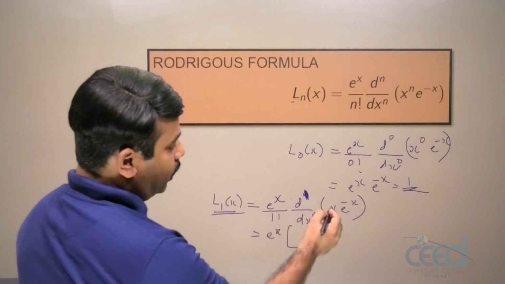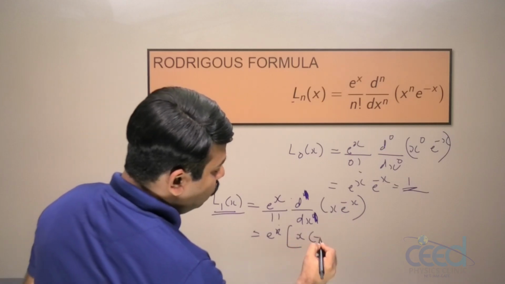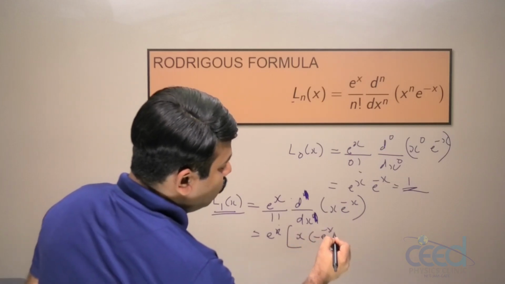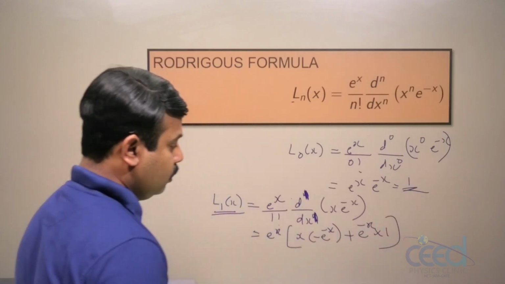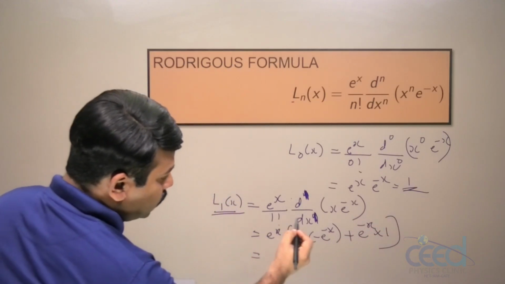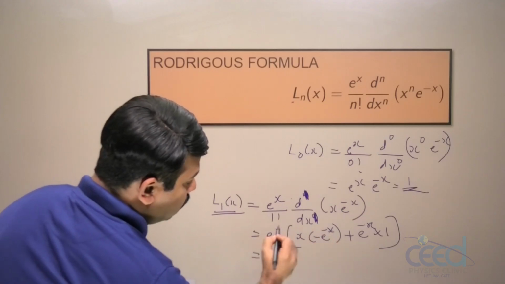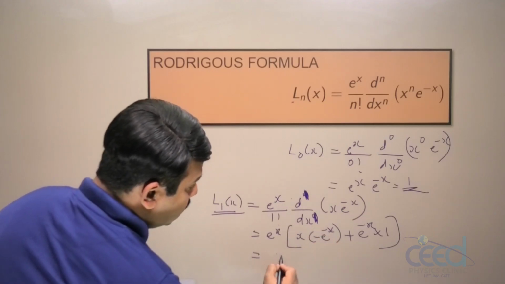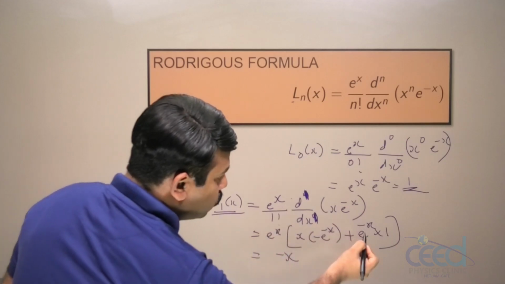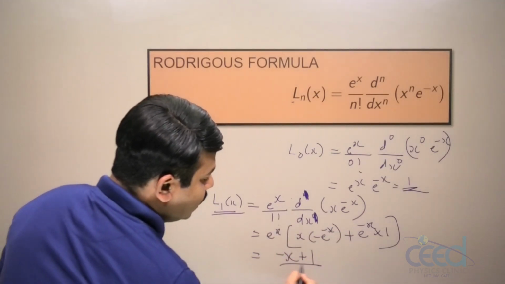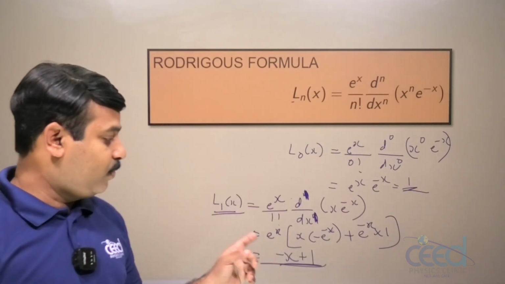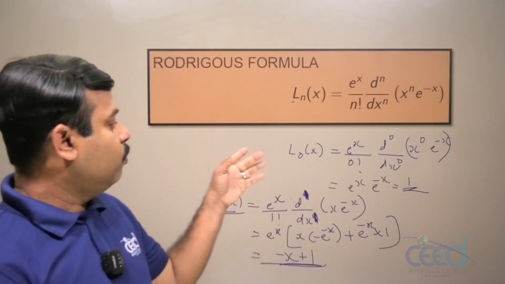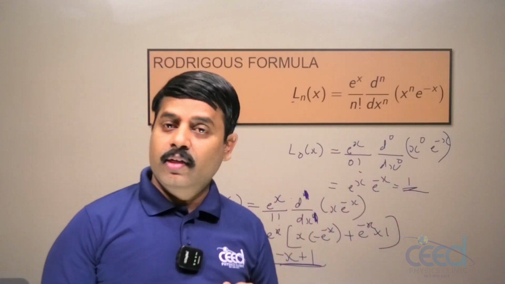So first function into differential of second function, minus e raised to minus x, plus second function into differential of first. Then e raised to x into e raised to minus x, that is 1, then minus x. Now e raised to x into e raised to minus x, then plus 1. See, minus x plus 1. So we have already seen L1 of x is minus x plus 1, and L0 of x is 1.